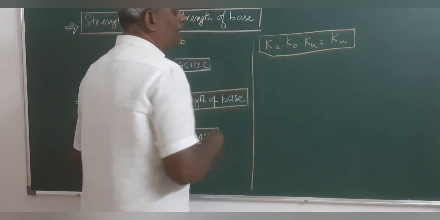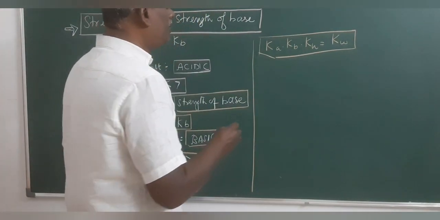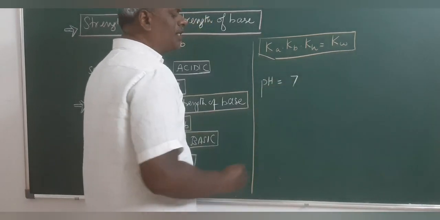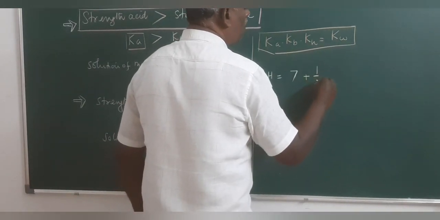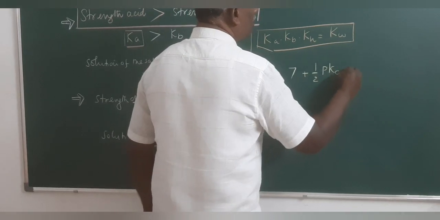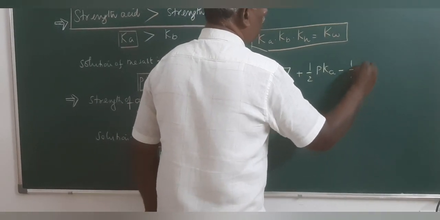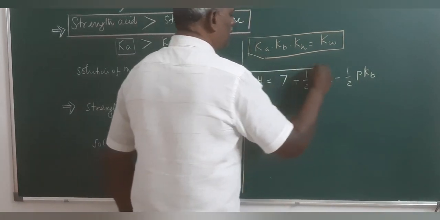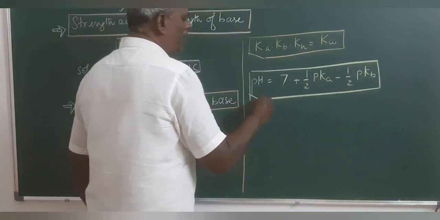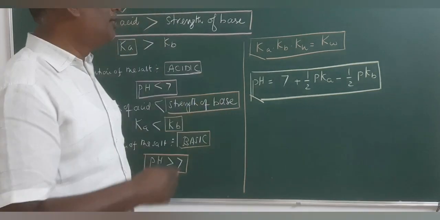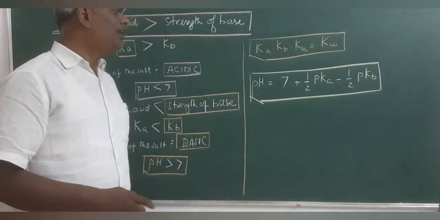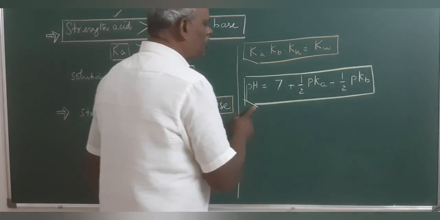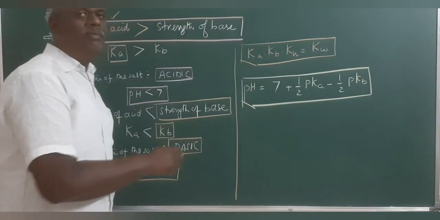With the help of this, the pH of the solution will be 7 plus half of pKa minus half of pKb. This is the final relationship. We explained how to derive it in our previous videos, so you can refer to that. Otherwise, it's the last step. By using this, we can get the pH.